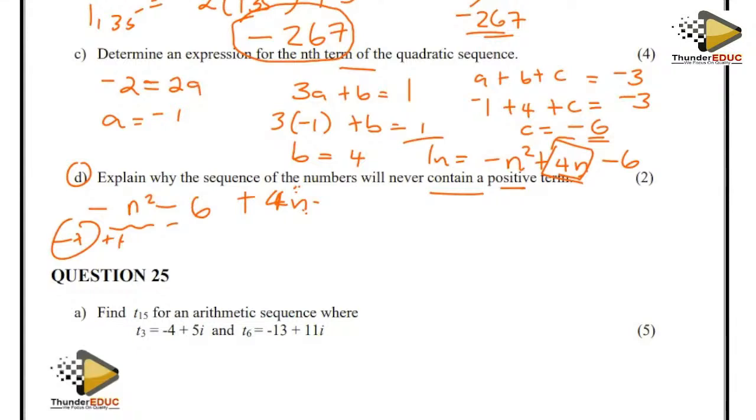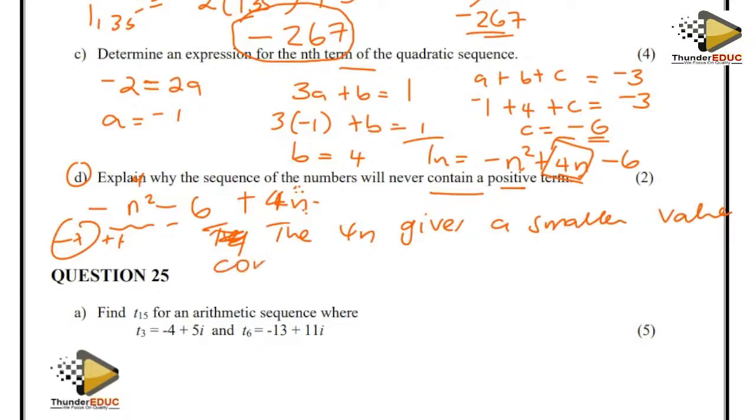If you try with 2, it's the same thing. 2 squared is 4, and negative 4 minus 6 gives 10, and 4 times 2 is 8. So we can simply say the 4n gives a smaller value compared to the negative n squared minus 6. Hence all the terms are going to be negative.